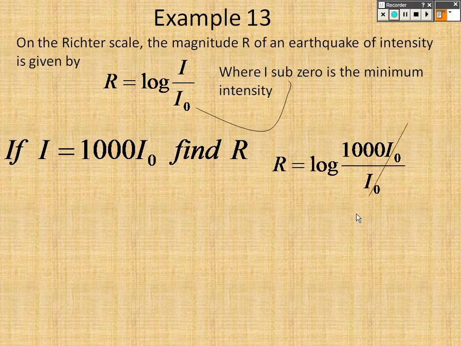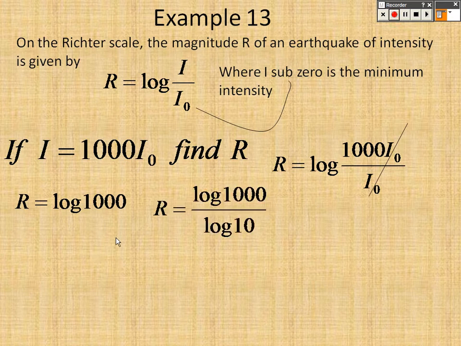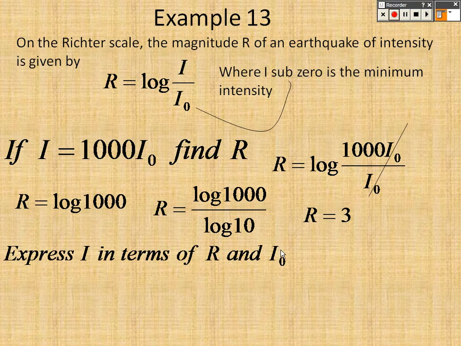Okay, no problem. Then we realize that the I sub zeros can cancel out, so really I'm looking at log of 1000, which is like saying, hey, do log 1000 on your calculator divided by log 10, and you end up getting the Richter scale of 3 as your answer.